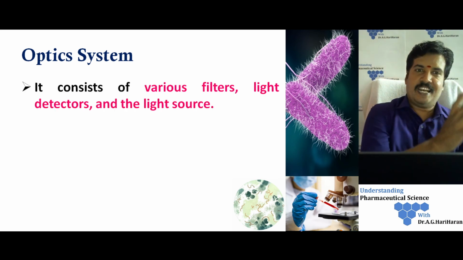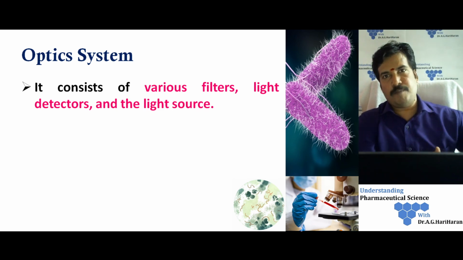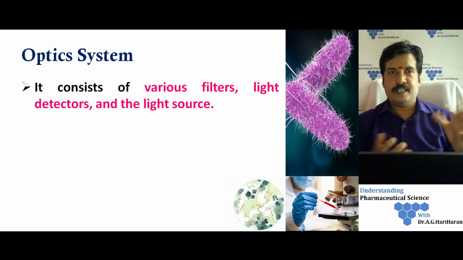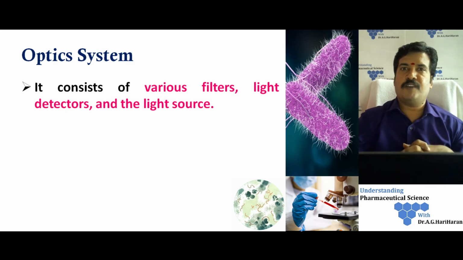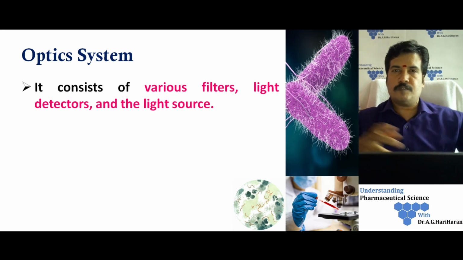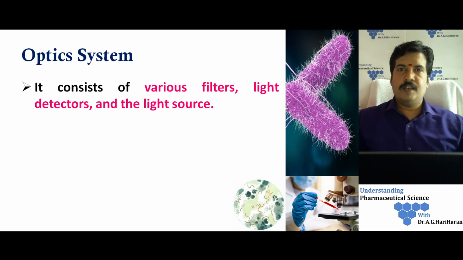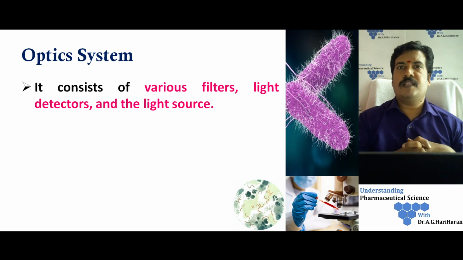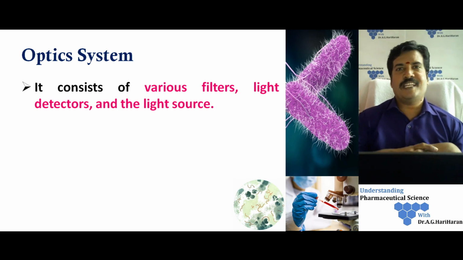One, it carries a light source which may range from a UV light up to a far IR. Generally, the EMR spectrum of a light source starts from cosmic waves to the radio waves, but for our analytical purpose it will be between the ultraviolet region and the far IR region.